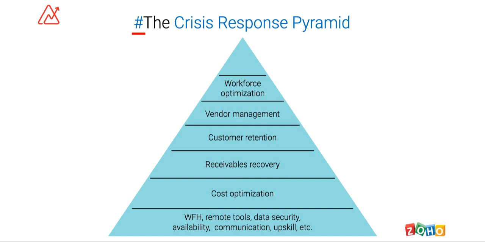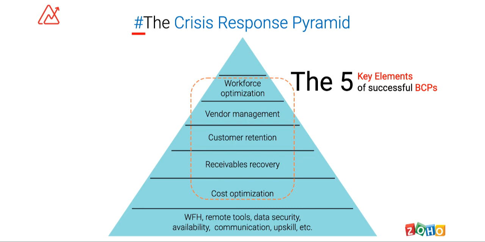Now we have picked the 5 elements as the key elements of successful BCPs. In addition to that, we will also be touching upon a single source of truth for your entire business. Now, the beauty of the CRP is that it's very dynamic, which means based on your business needs and priorities, the elements can be shifted.